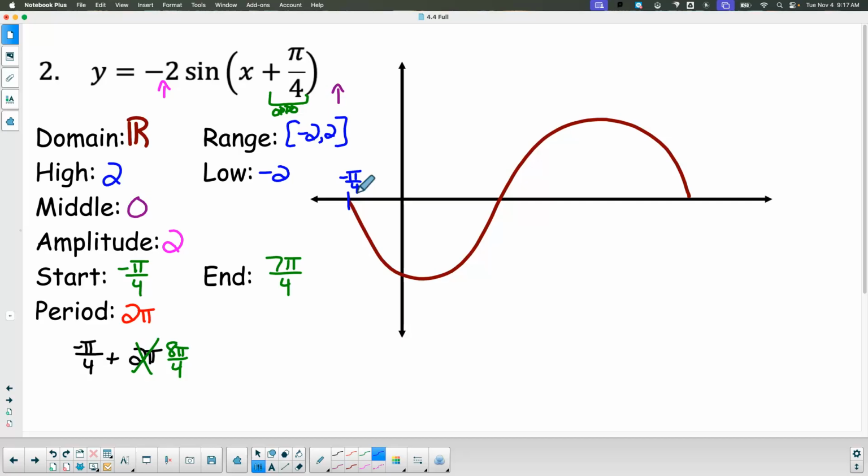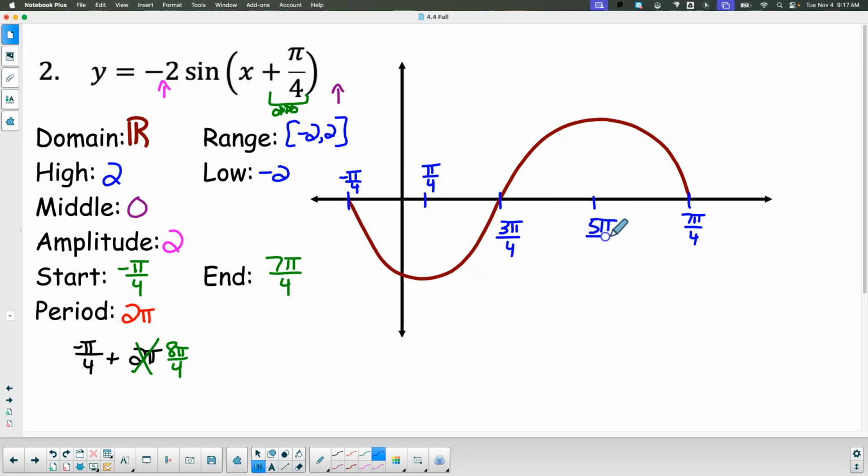I started at negative pi over 4. I ended at 7 pi over 4, which means my halfway point would be -1 plus 7 is 6. Divided by 2 is 3 pi over 4. -1 plus 3 is 2. Divided by 2 is 1 pi over 4. 3 plus 7 is 10.